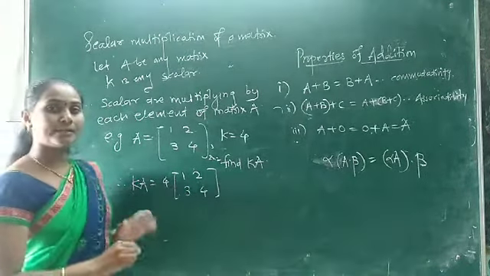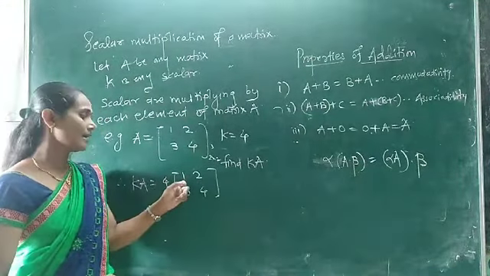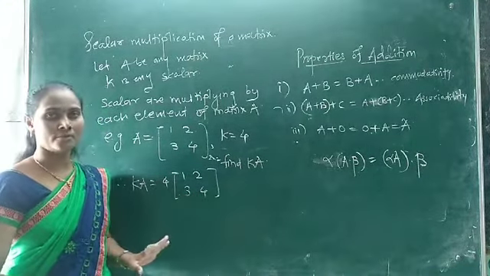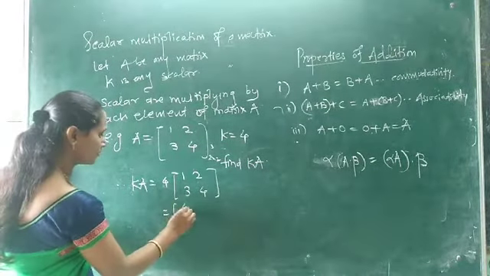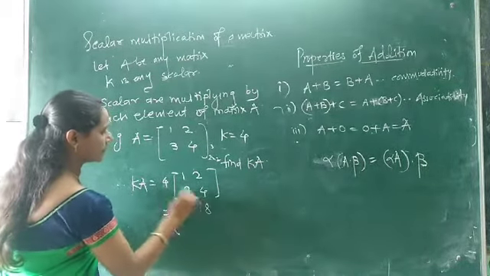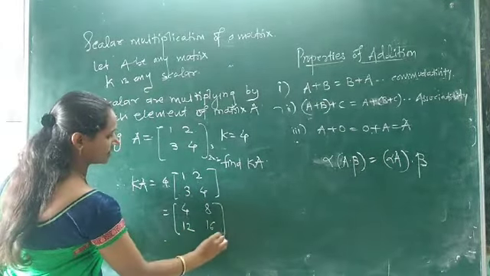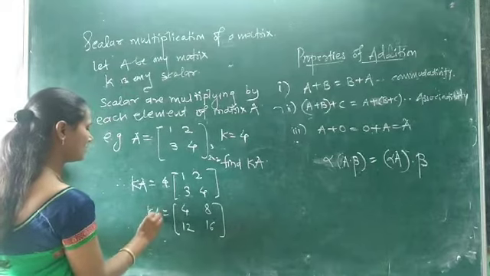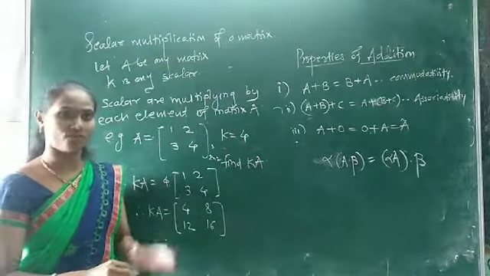Scalar multiplication means we multiply the scalar by each element of the matrix. That is 4 into 1 is 4, 4 into 2 is 8, 4 threes are 12, 4 fours are 16.